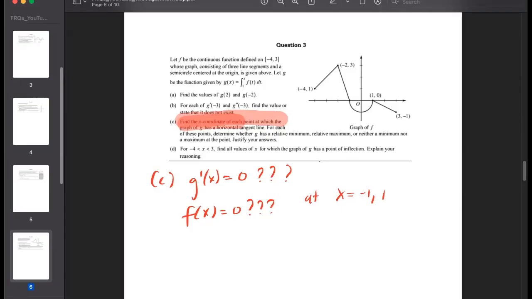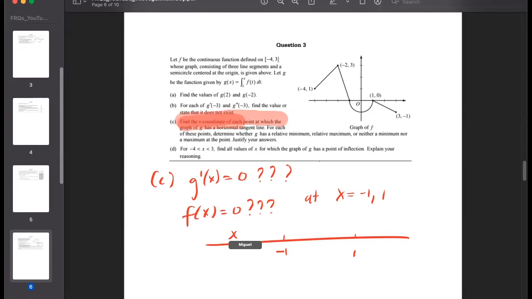We'll have to figure that out. So let's draw the little number line, because technically these are the critical points for G. We have to observe what happens to the derivative of G to the left of -1.